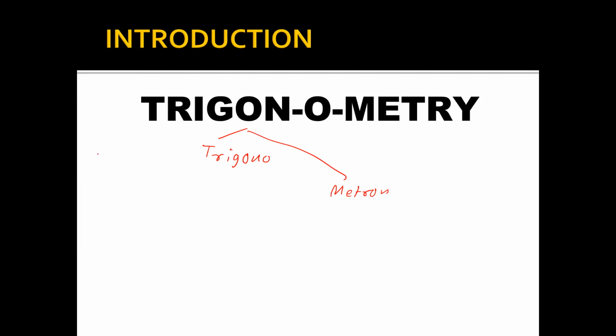Whenever we have n sides, n means the number of sides, so whenever we have 5 sides, that shape is called a pentagon. When the number of sides is 6, that shape is called a hexagon. Similarly, if we have 10 sides, that shape is called a decagon.